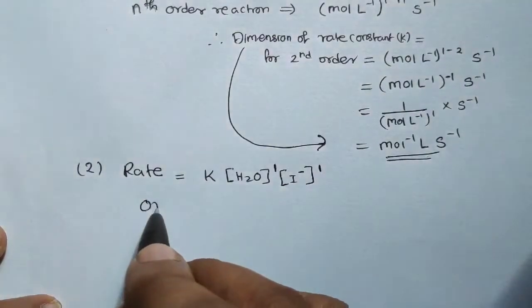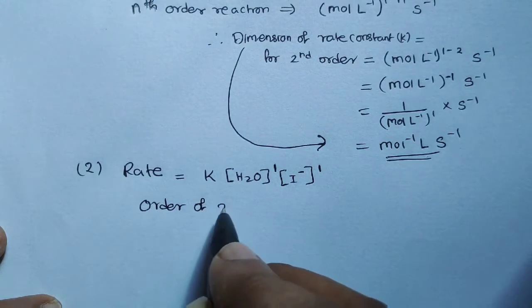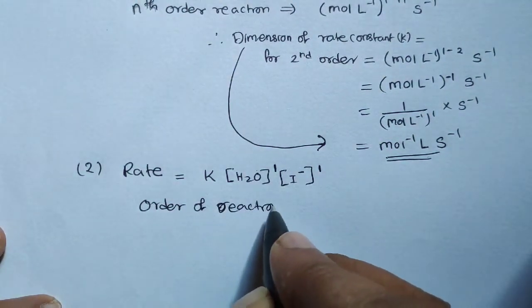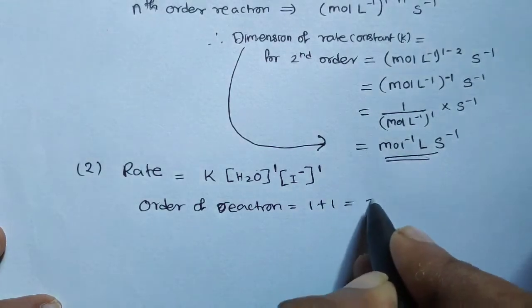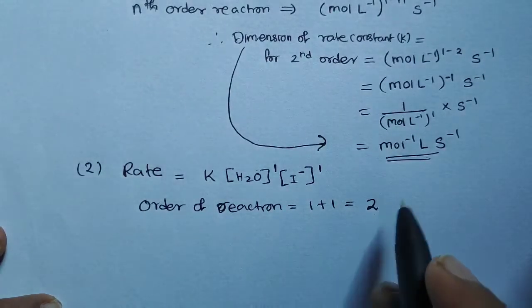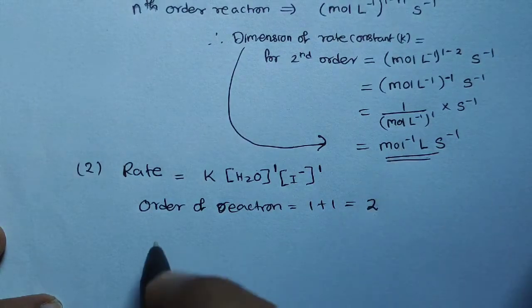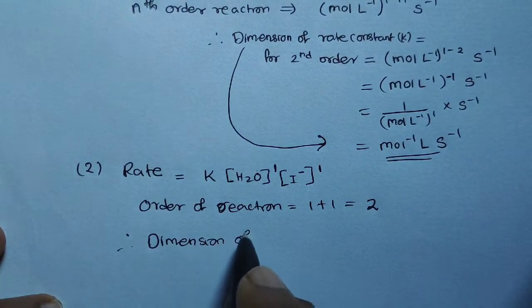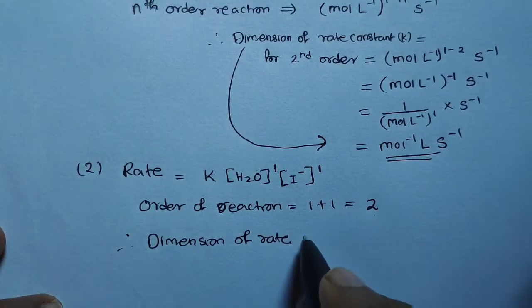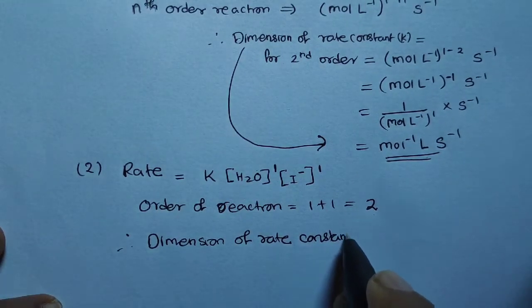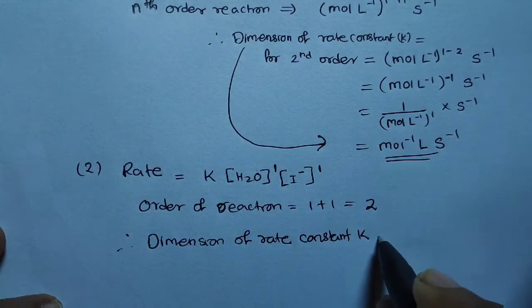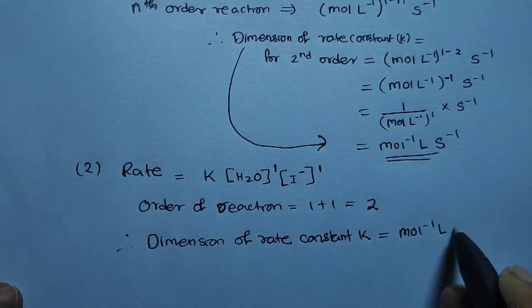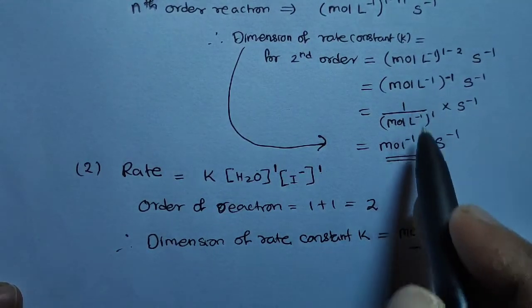If I want to find the order of reaction, it is the sum of these, so order of reaction is equal to 1 plus 1, which is equal to 2. If this is 2, then it is the same as what you have done. Therefore dimension of rate constant K will be equal to mole inverse liter second inverse. Same like this you can calculate.